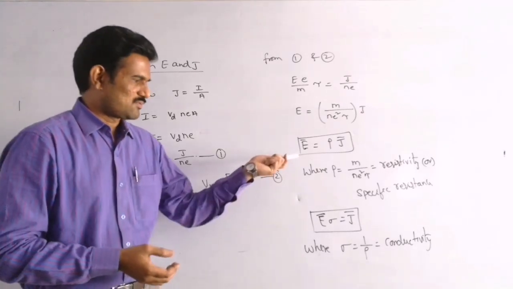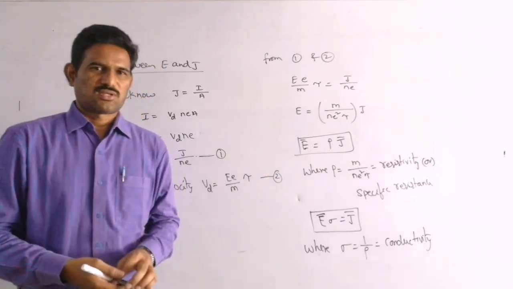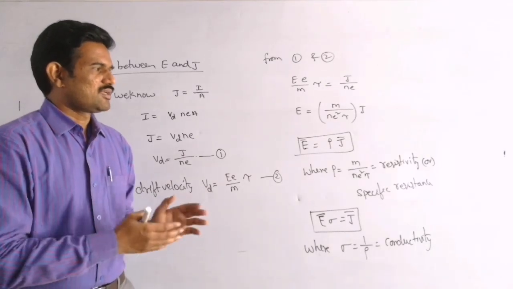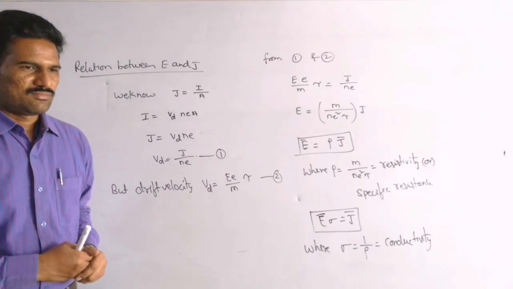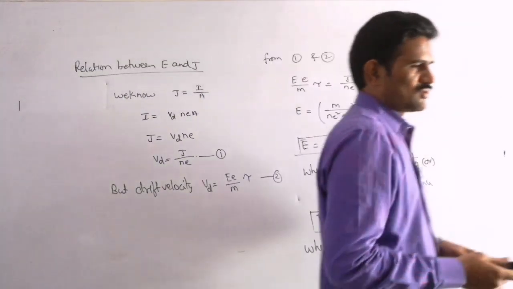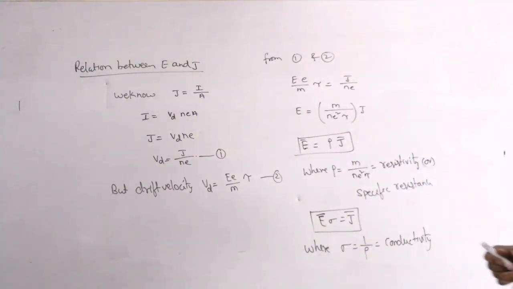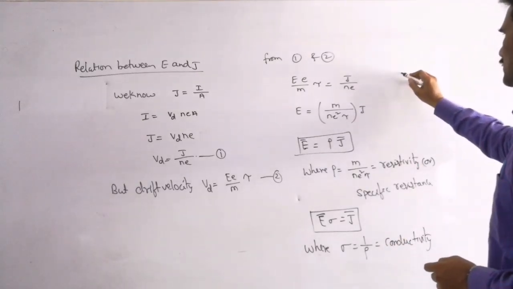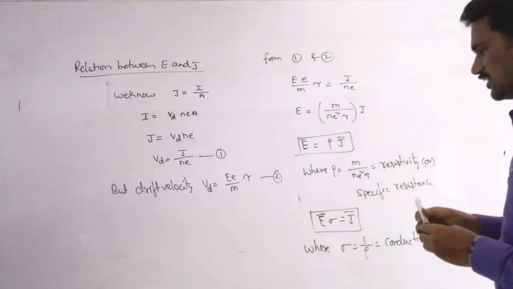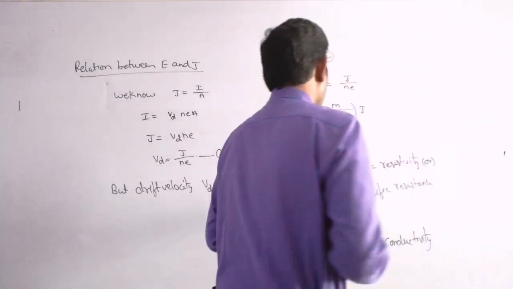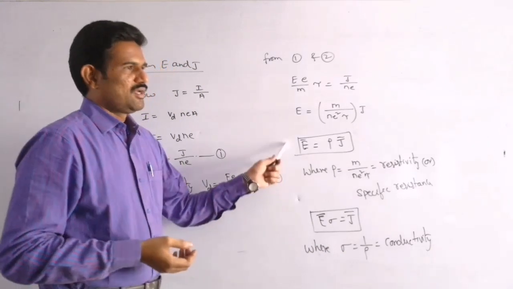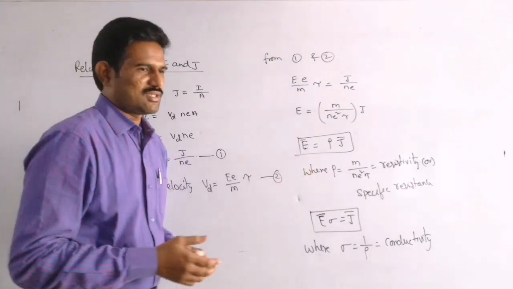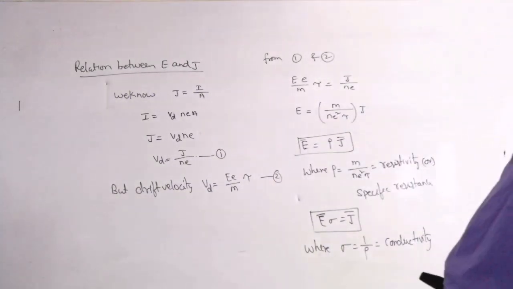Either way you can express it. This is a relation between electric field and current density, which we call a microscopic relation. For a non-uniform conductor, which we discussed, sometimes they may ask for the electric field, and we need to use these equations to calculate the electric field in such cases.